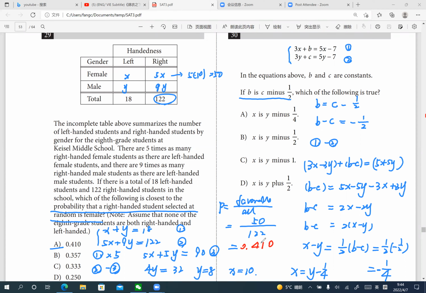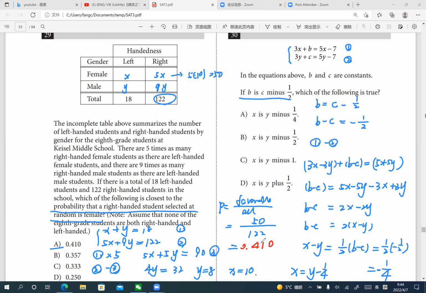And there are 9 times as many right-handed male students as there are left-handed male students. If there is a total of 18 left-handed students and 122 right-handed students in the school, which of the following is closest to the probability that a right-handed student selected at random is female?